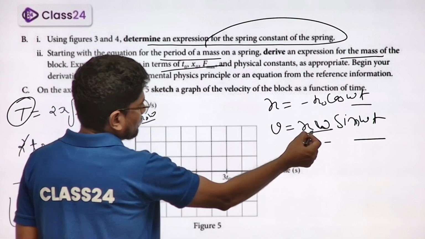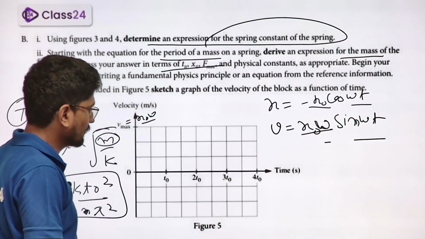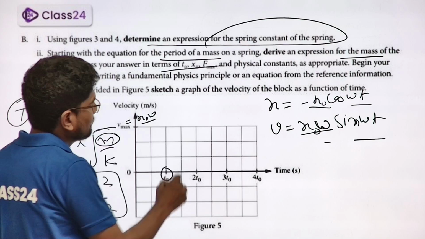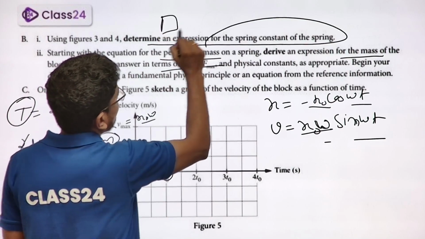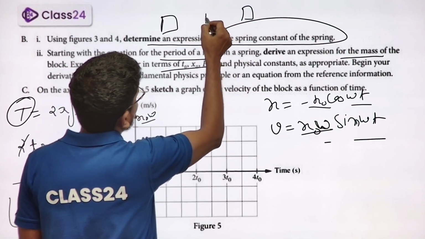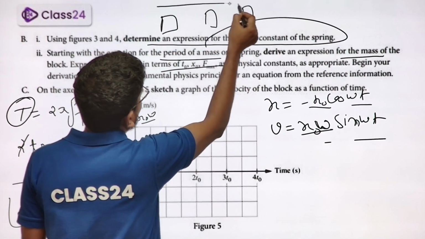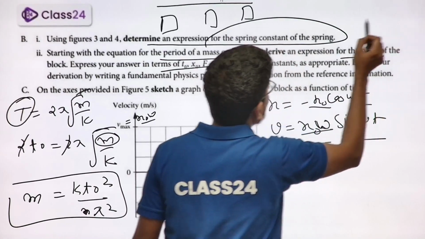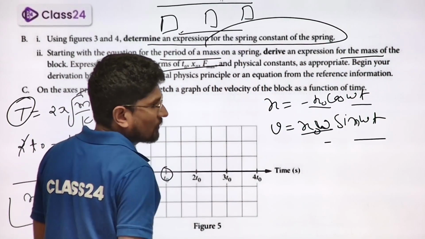Okay, x naught is the amplitude. Now we can draw it, because I have earlier told you that t naught is the time from extreme to extreme, and again t naught is the time from extreme to extreme.